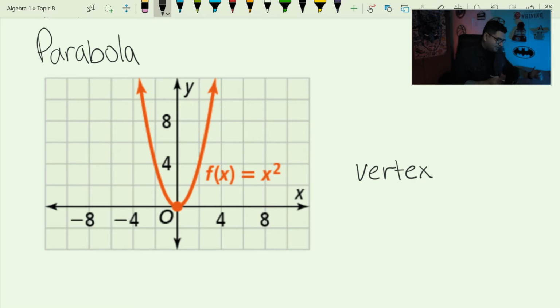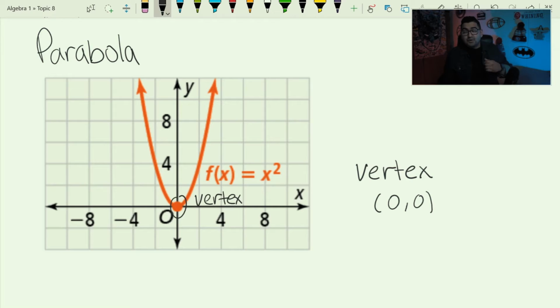So here we can see that the parabola is going downward, downward, downward, downward, and then it hits this point, which is what we are going to call the vertex, because at this point it changes from going downward to upward. So this is what we call the vertex, and I label it just as I would any other point on a coordinate plane, with parentheses. This x value is 0, 0.